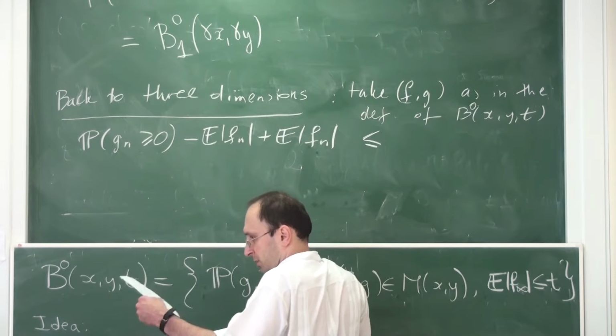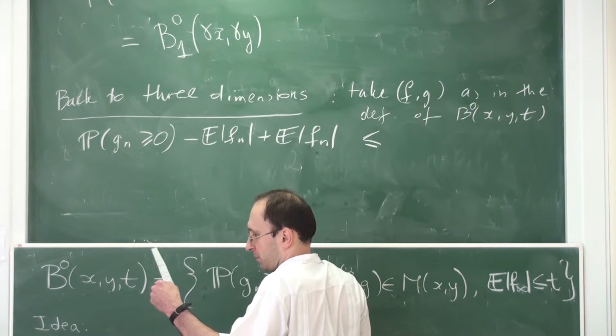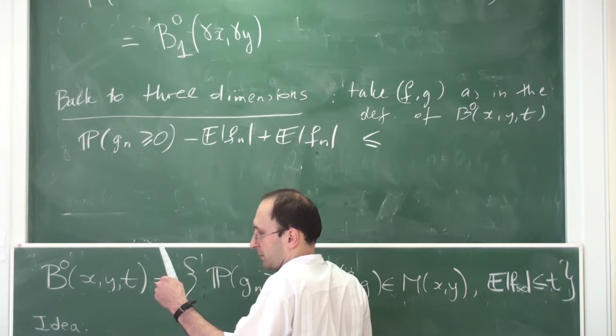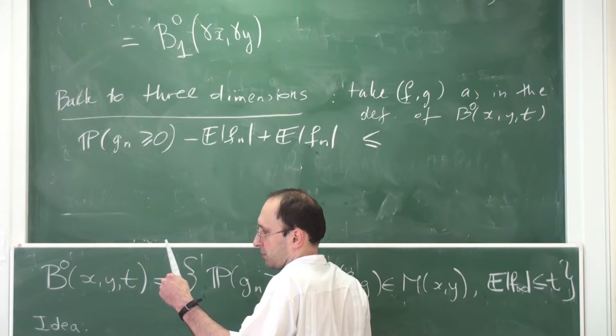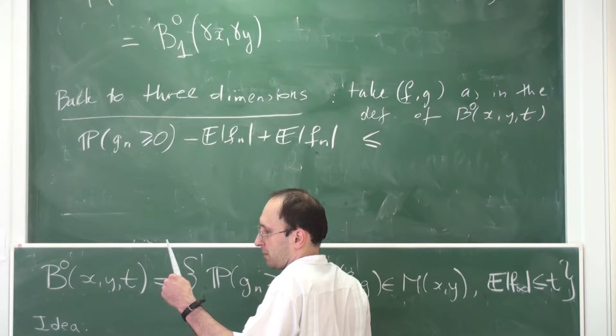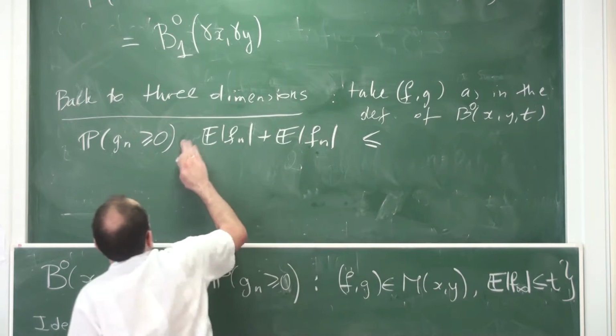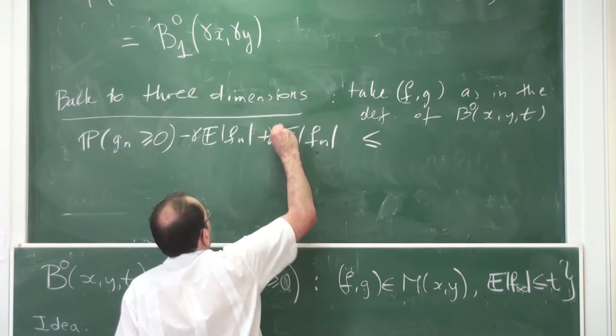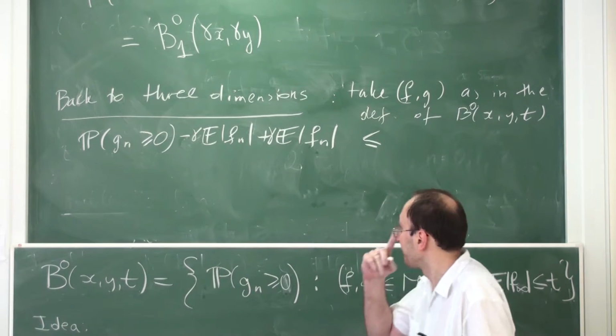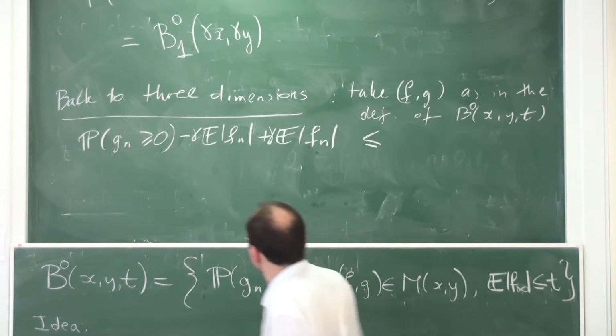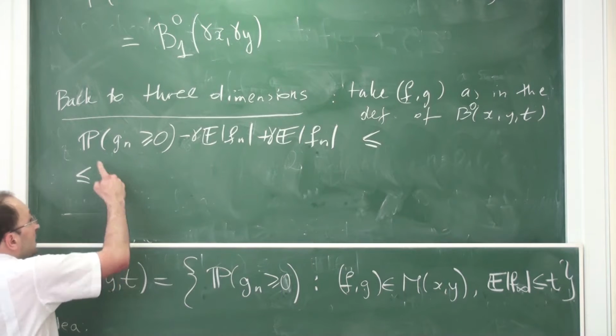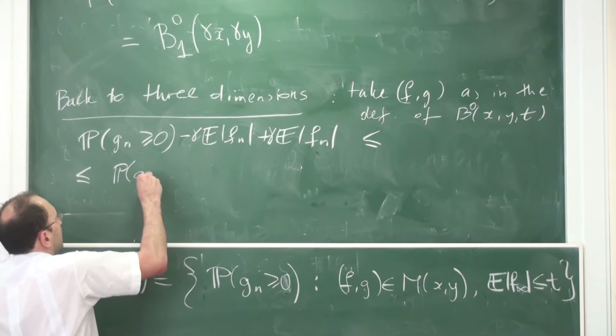Let me take a look. Am I writing it the right way? Maybe we should write gamma. Yeah, probably. Otherwise, there would be nothing to optimize over, right? So you see we have, let us write it down.